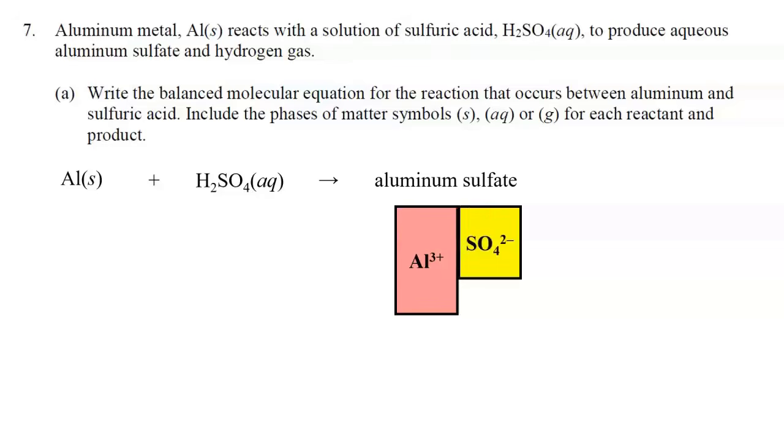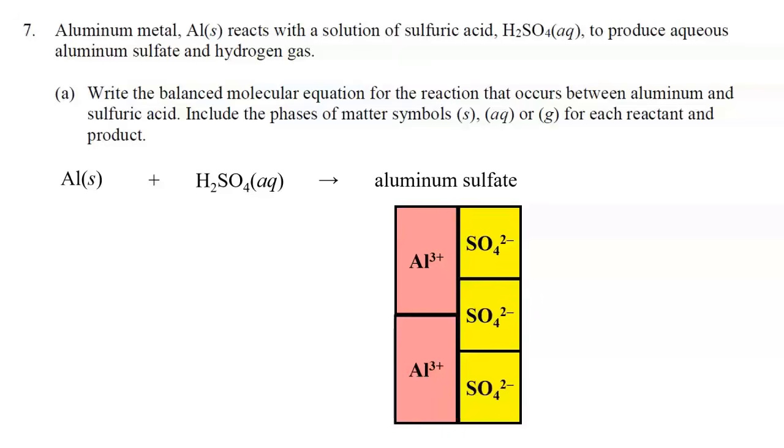So we don't have a balanced formula with just 1 aluminum and 1 sulfate. We need a total charge of 0. So we need a total of 2 aluminum ions, so +6, and then 3 sulfate ions, -6. We write the formula as Al2 and then SO4 in parentheses with a 3 on the outside.